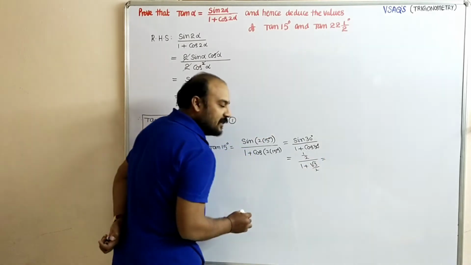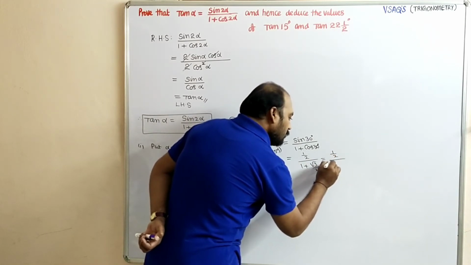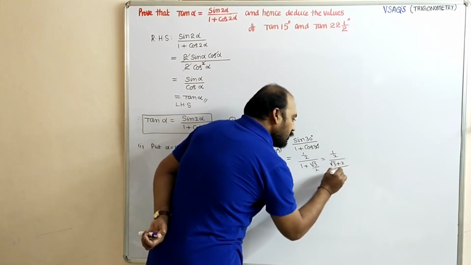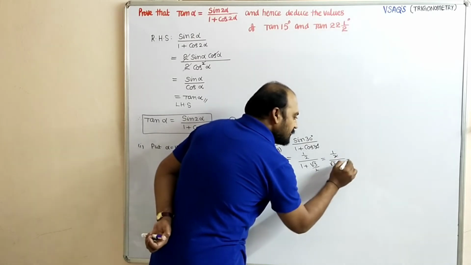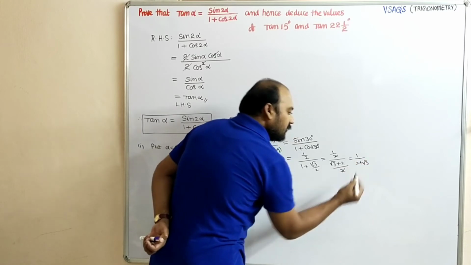After taking LCM here, 1 by 2 divided by root 3 plus 2 divided by 2. 2 gets cancelled, which is equal to 1 by 2 plus root 3.